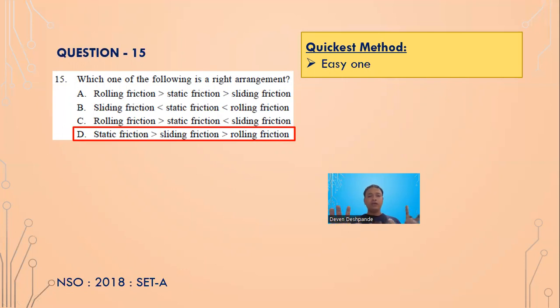So you can even roll a heavy ball, but you cannot slide it, and if the object is static, it is very difficult to move. So static friction is greater than sliding friction, which in turn is greater than rolling friction.